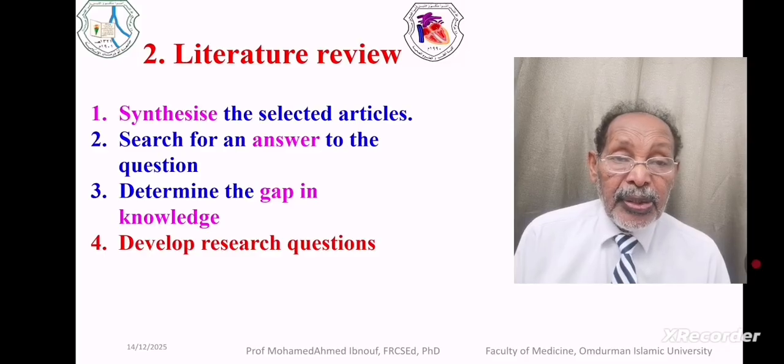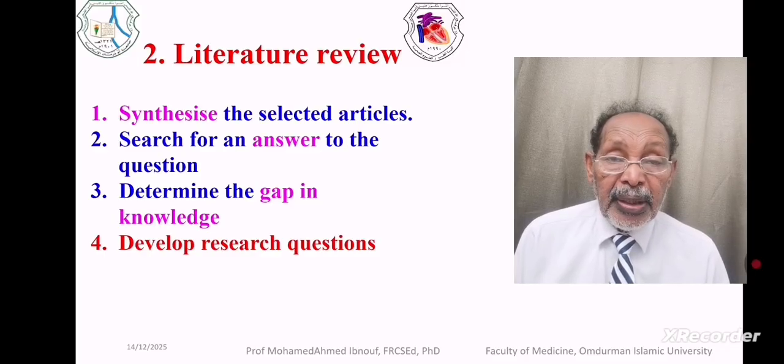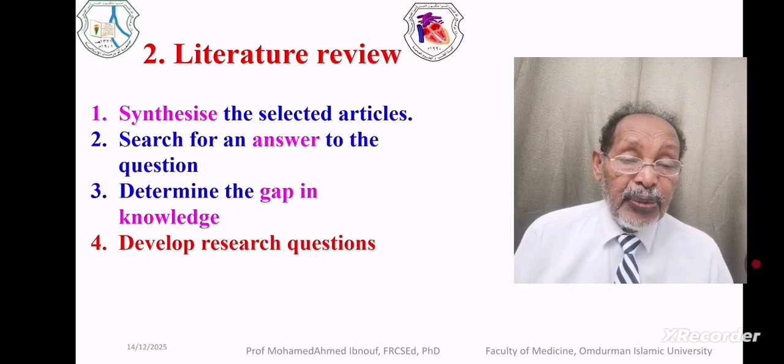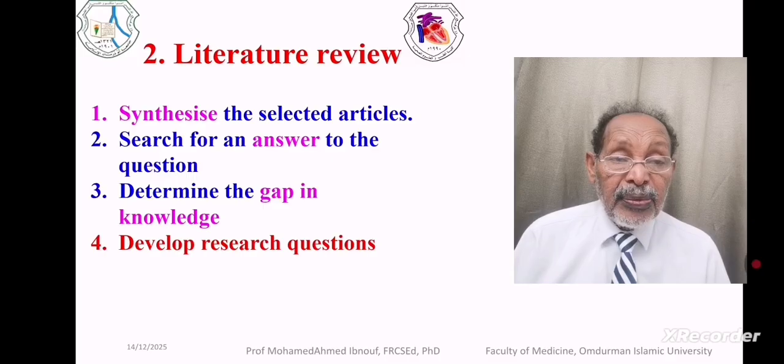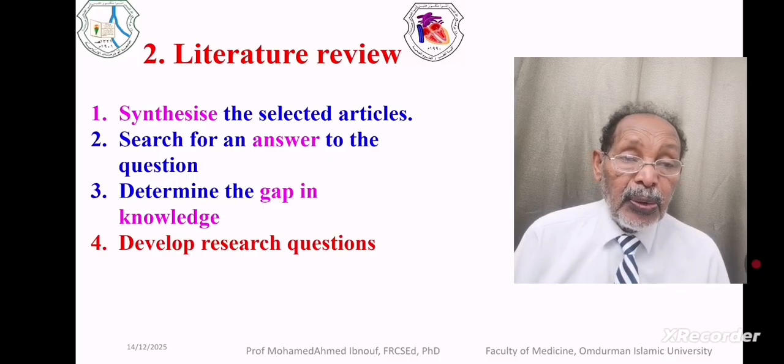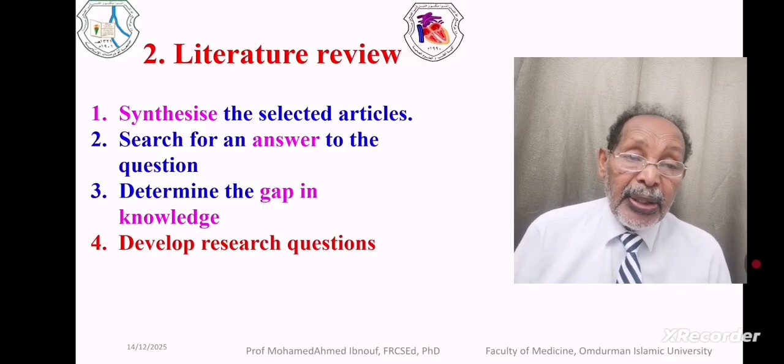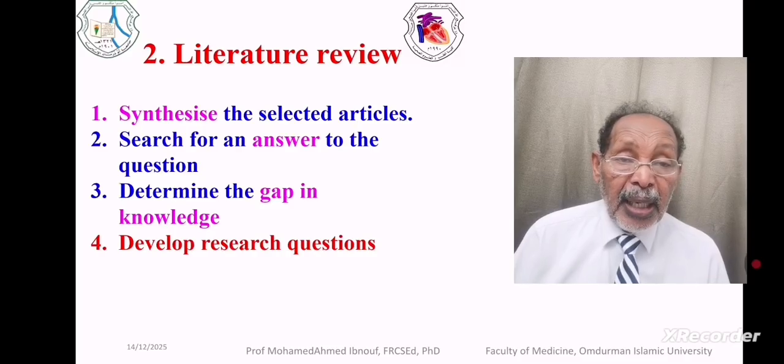If you have a research question in a round or in a clinical meeting and we find a comprehensive answer, no need to go further. But if the answer is vague, or there is a gap in knowledge, or some areas need further research, we need to construct a research in this area of weaknesses in the literature.